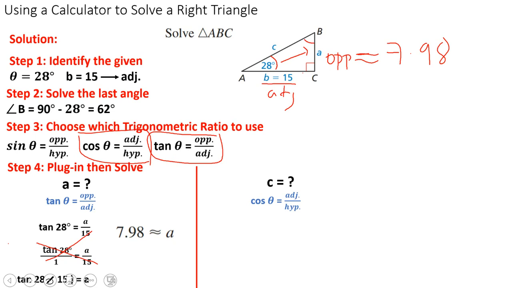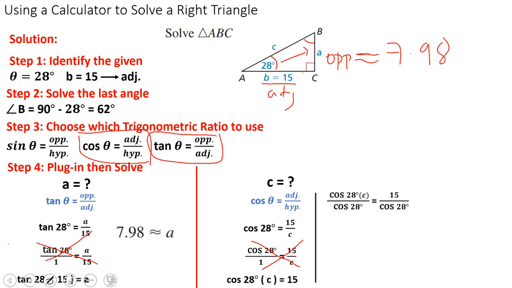Cosine 28 degrees is equal to 15 all over C. We put the imaginary denominator of cosine 28, that is 1, and then we do cross multiplication here. So cosine 28 times C is equal to 15. We divide both sides by cosine 28 to get rid of our cosine 28 here.